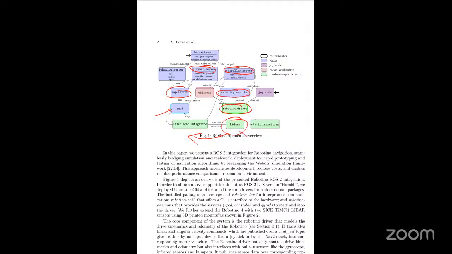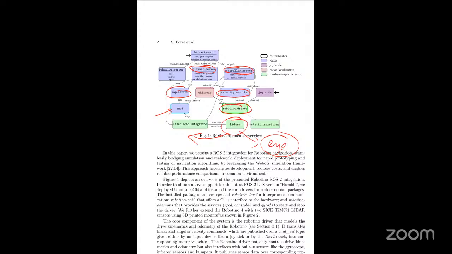This LiDAR, we can say, will be the eye of the robot. It will be scanning 360 degrees. For example, if there is an obstacle, the LiDAR will identify that obstacle and measure how much distance that obstacle is from this mobile robot.